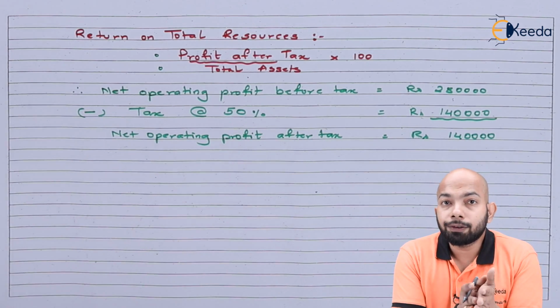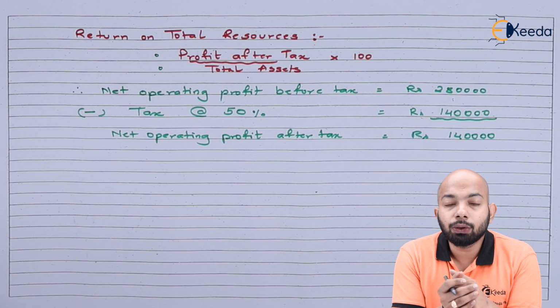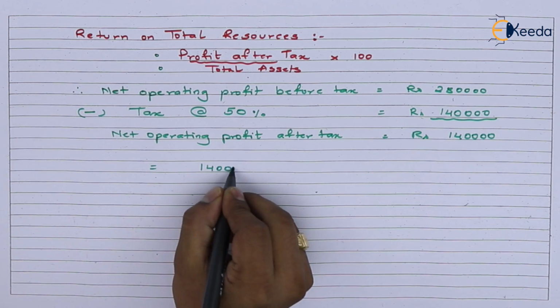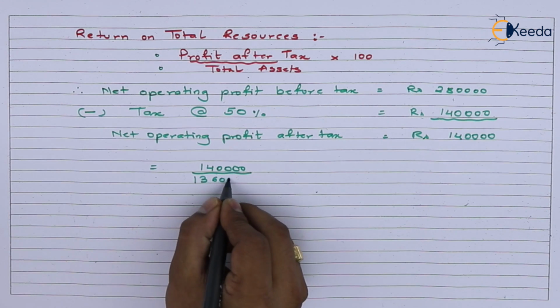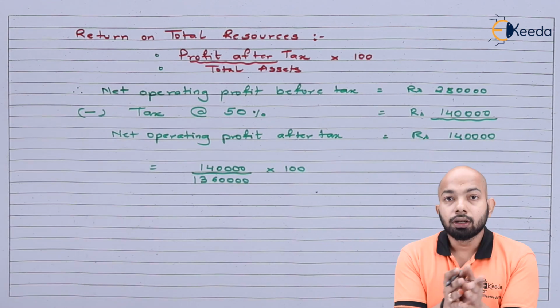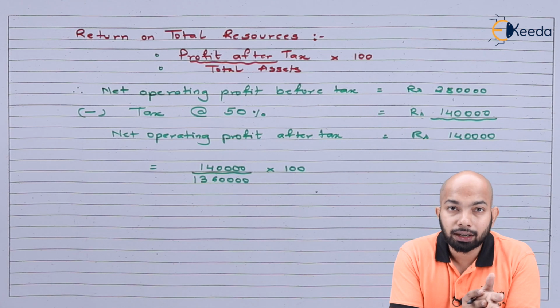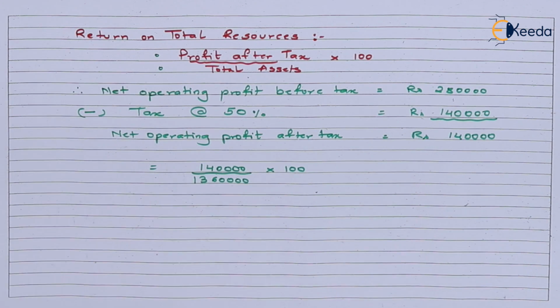Now that we have profit after tax, we can directly put this value and figure out the ratio. That is 1,40,000 divided by 13,60,000 into 100.